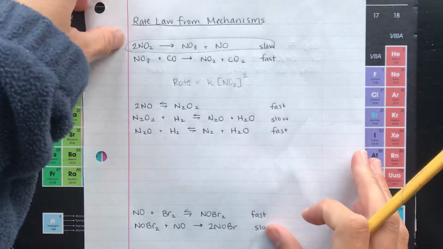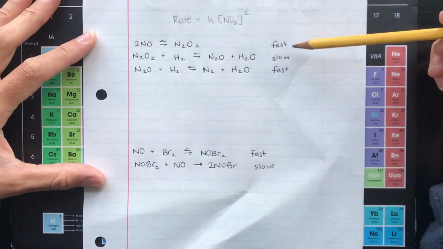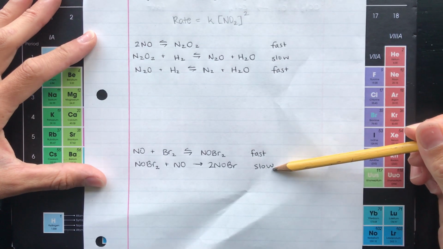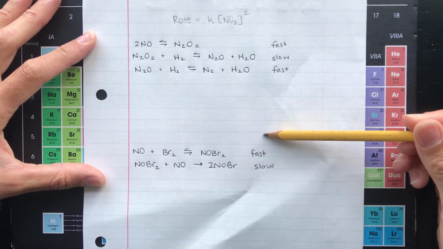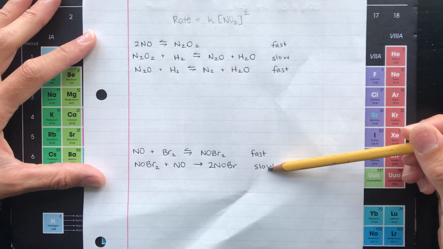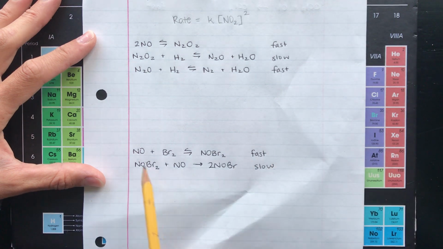When the slow step is farther down in the mechanism, you have to include all the steps up to and including the slow step. So you can't just look at that. And here's why.